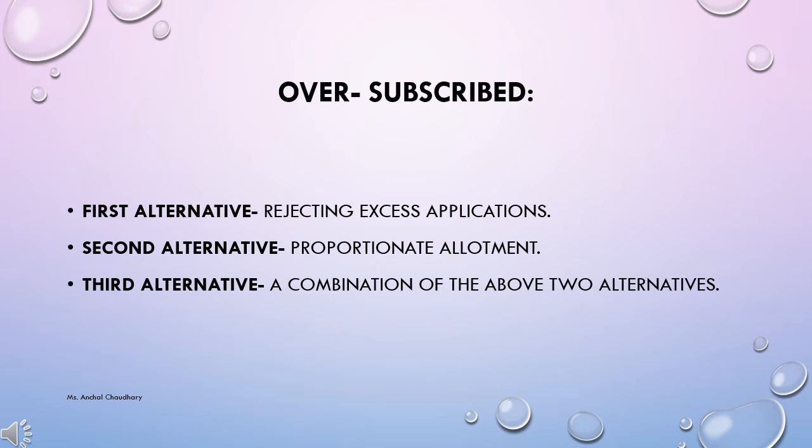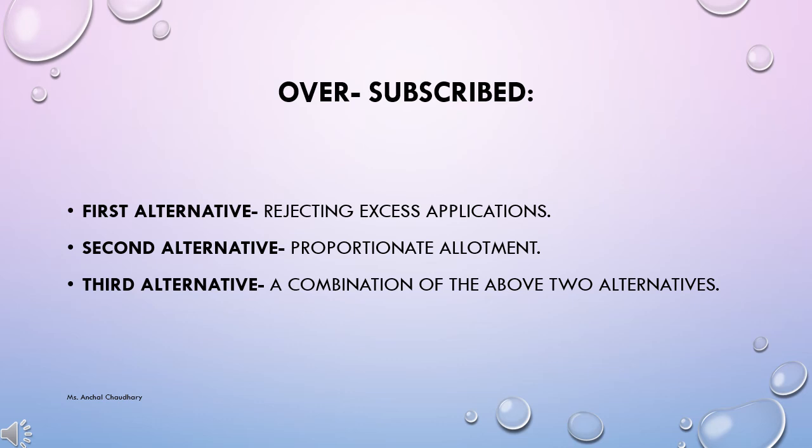So in the case of oversubscription, you can give only up to the maximum limit which the company is capable of. Like if a company is authorized for 10,000 shares only, then it will only issue 10,000 shares. The company can allot only 10,000 shares, it can't exceed the number of shares.